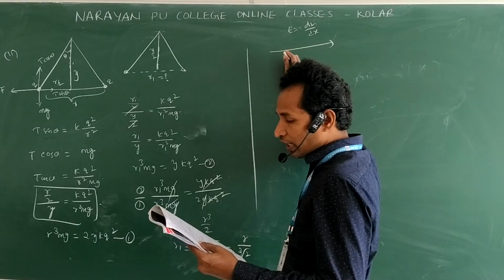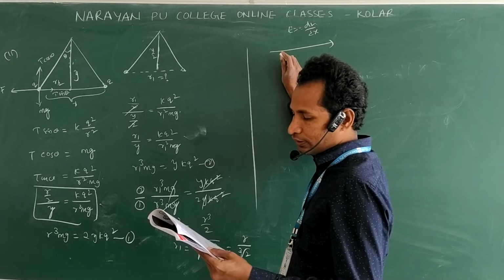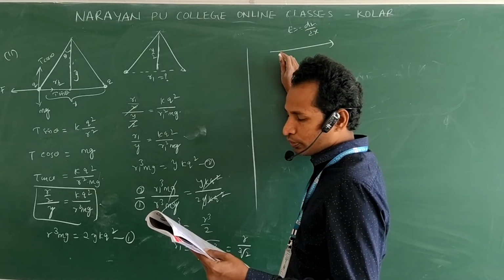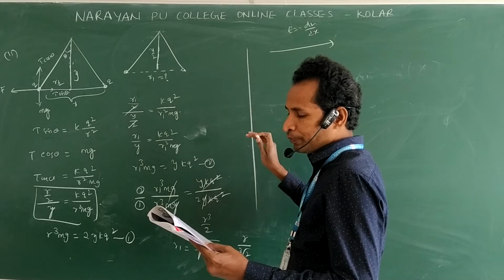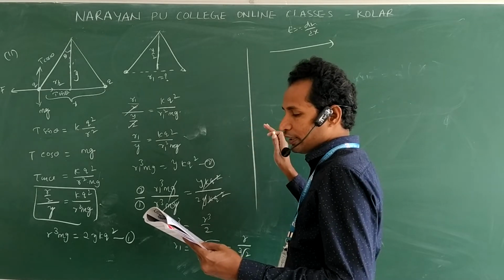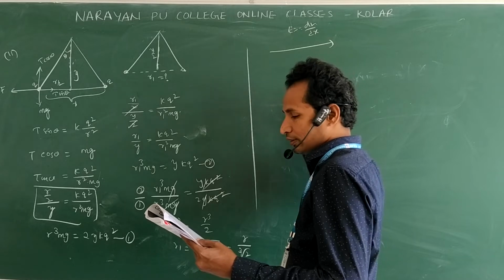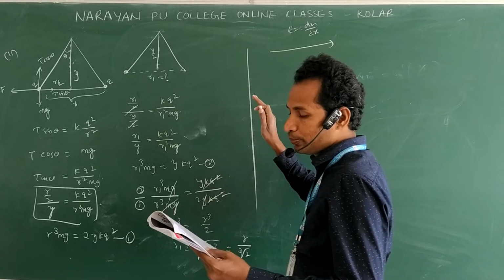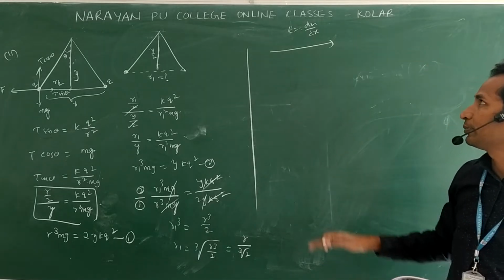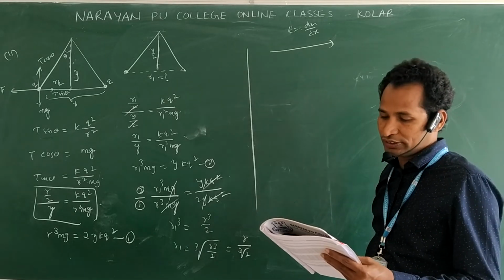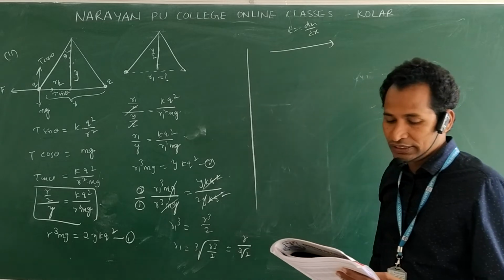In all the points, B is very close. A, C, E are away from B. So potential at B is maximum when compared with the potential at A and C, because positions are different. If you move in the direction of the field, potential decreases.